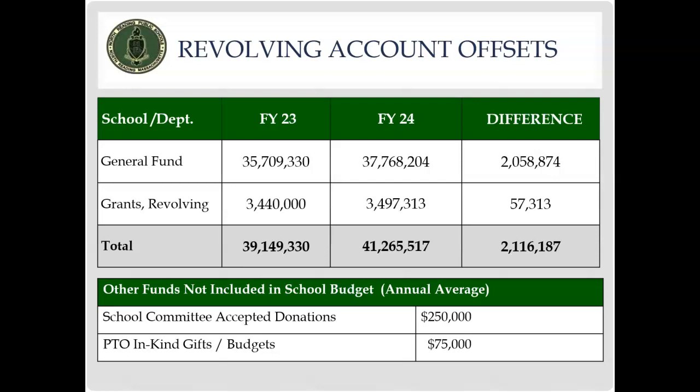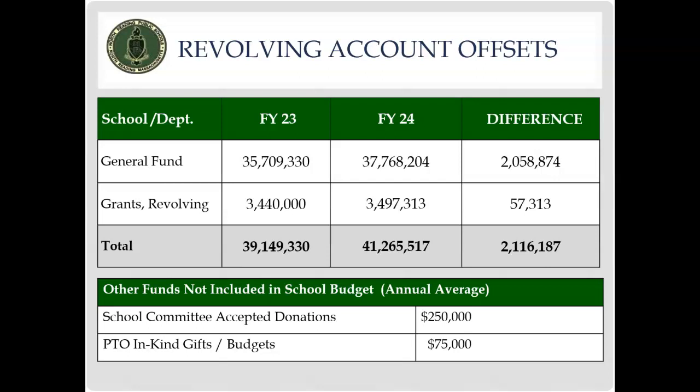That increase of $57,000 can mainly be attributed to the fact that we are expecting our circuit breaker program to be higher next year based on our costs this year. So all in all, we're looking at $41,265,517 with the local budget, the general fund supporting about $37.7 million of that.